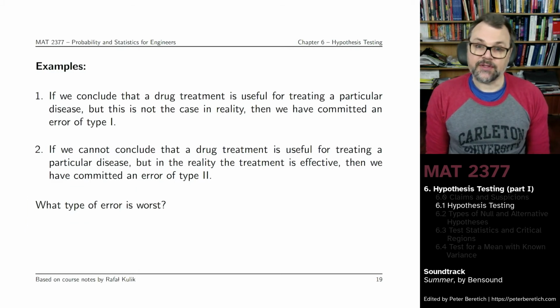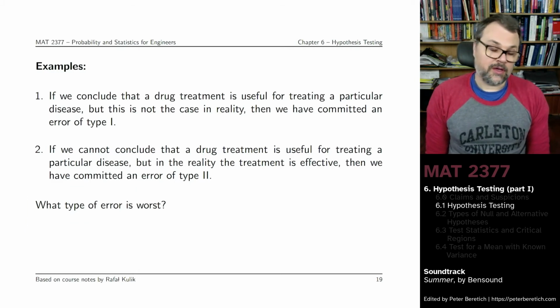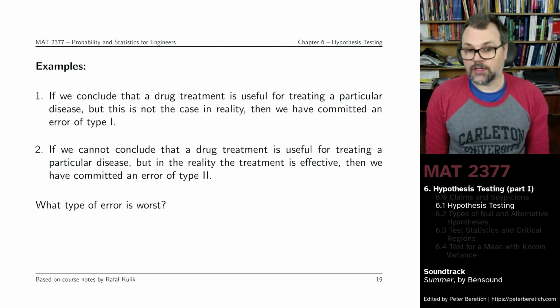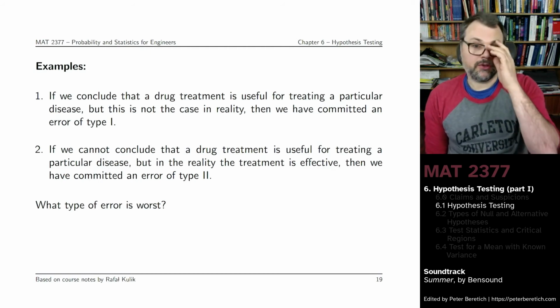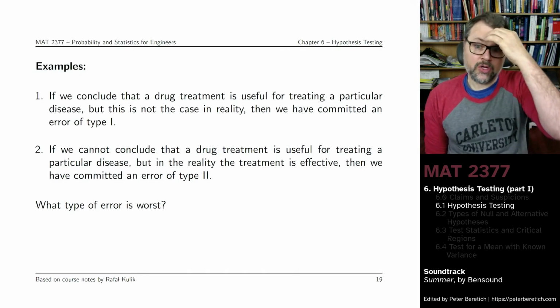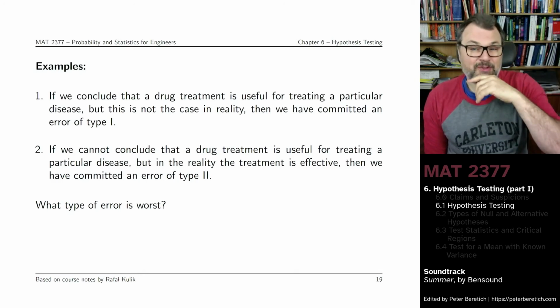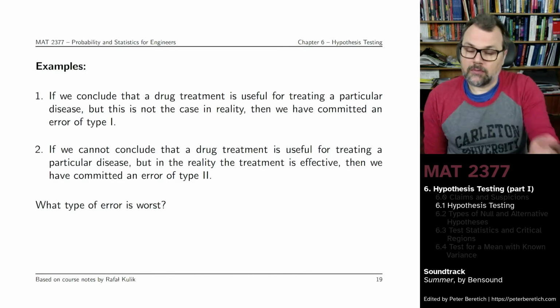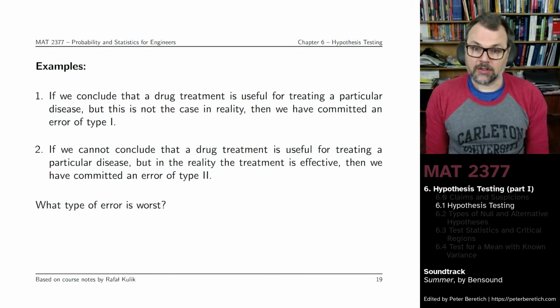There are times when an error of type 1 would be worse than an error of type 2. In particular, if you conclude that the drug treatment is useful, but it wasn't useful, in fact, it was harmful, then prescribing the drug to somebody who has the disease, well, you've committed harm.